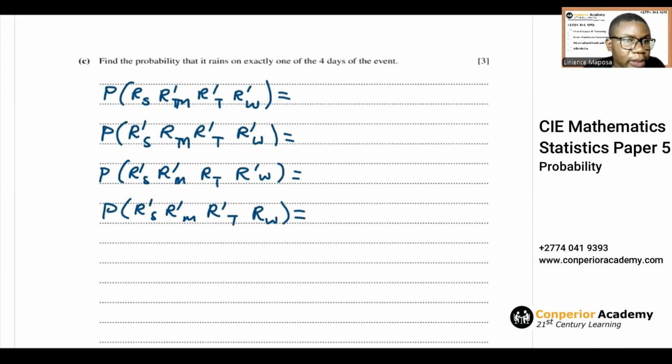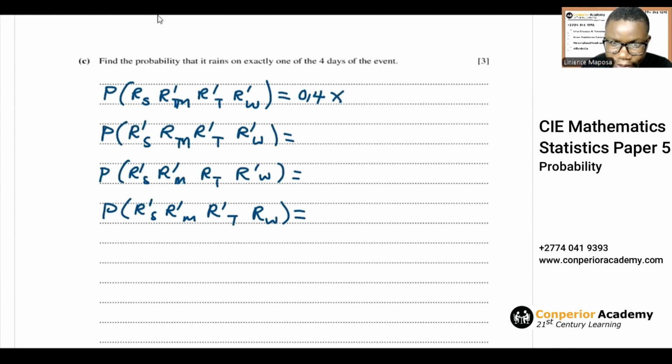So these probabilities, you go back to the question, listen carefully to what they said. They gave you conditions. The probability of it raining on Sunday is 0.4. So we say 0.4, that is the probability of it raining on Sunday. And then the probability of it not raining on Monday, given that it rained on Sunday. If it rains on Sunday, the probability that it doesn't rain the following day is going to be 0.3 because the probability of raining is 0.7.